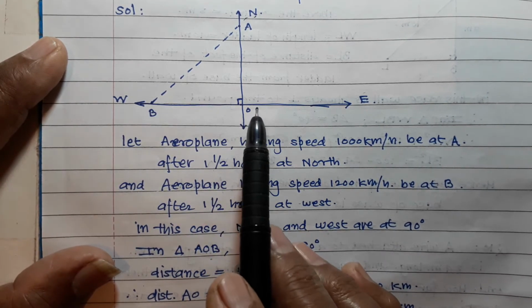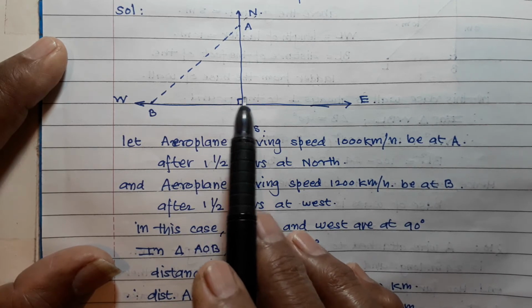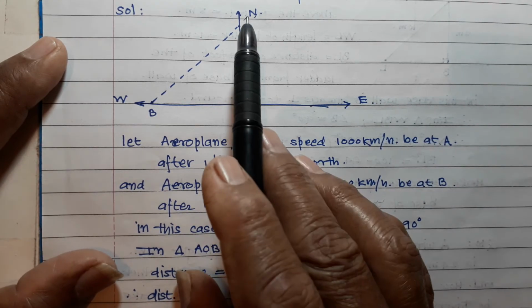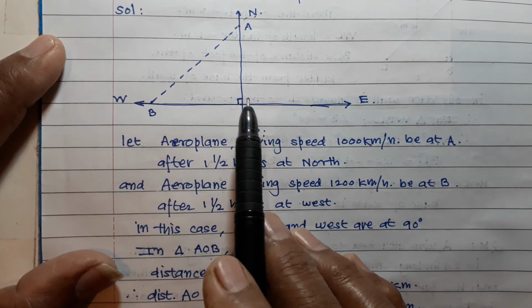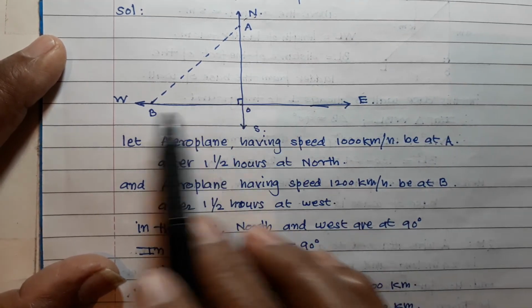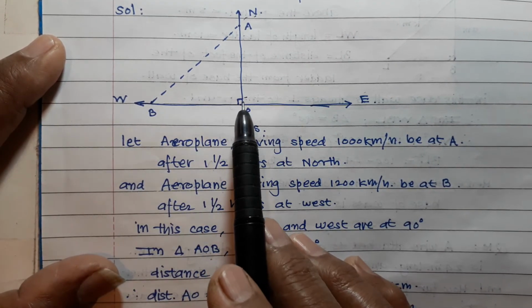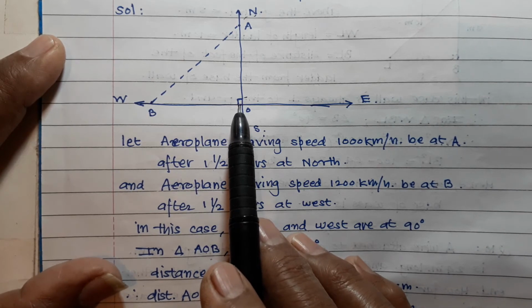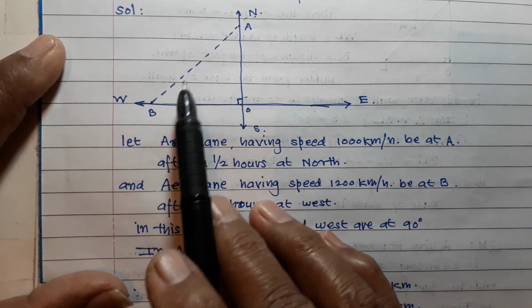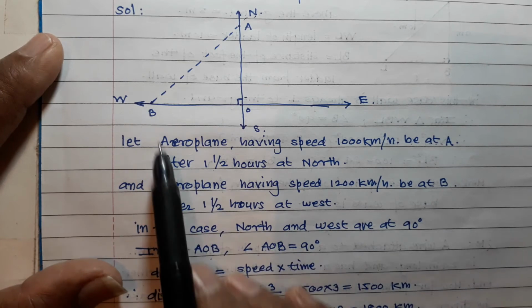By means of formula, distance is equal to speed into time. Find this distance and find this distance. And now you know north and west both are perpendicular, so this angle is equal to 90, and use Pythagoras theorem to find this distance.